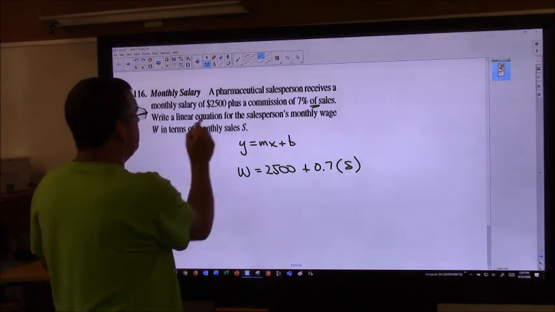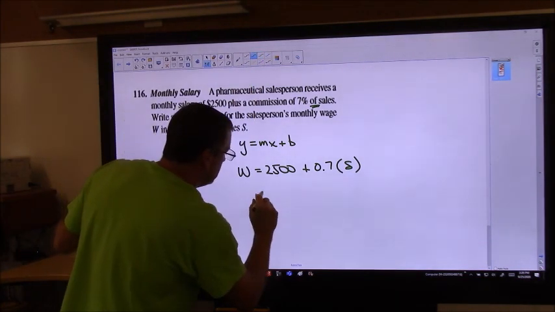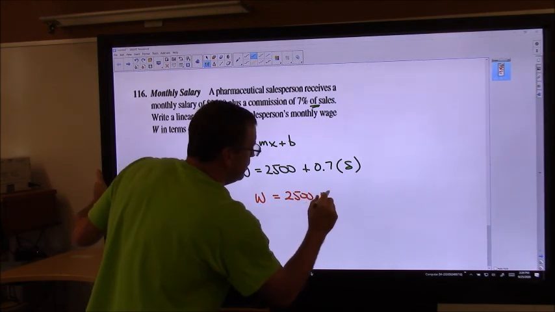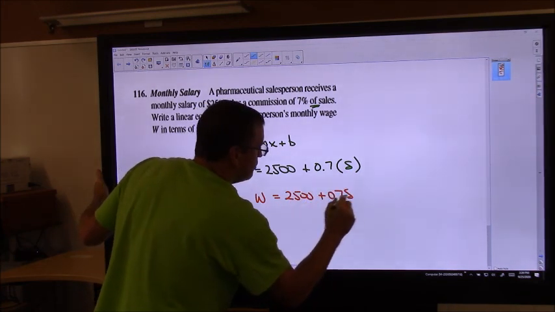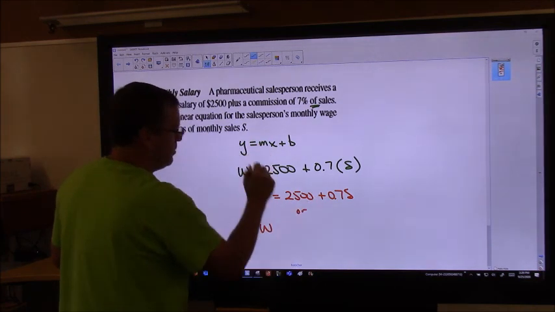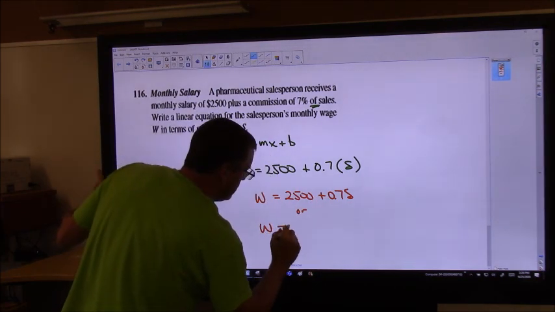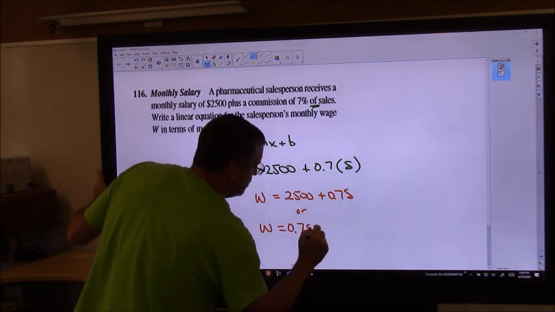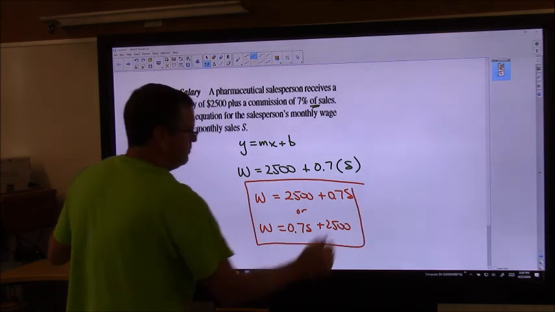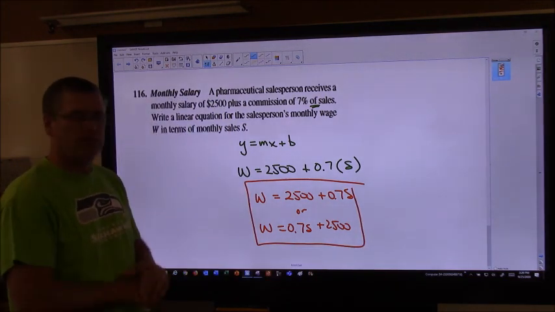So write a linear equation. W equals 2,500 plus 0.7 S, or if you want to write it this way in y equals mx plus b form, you could say 0.7 S plus 2,500. There it is. We wrote the equation, and so we're done.